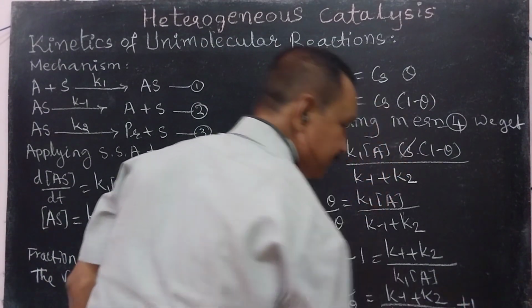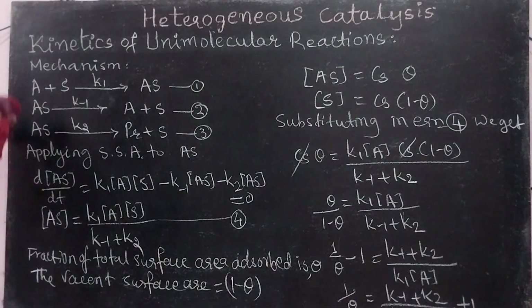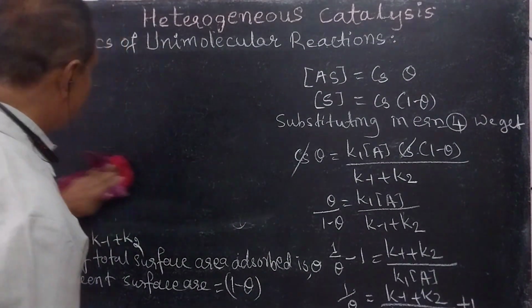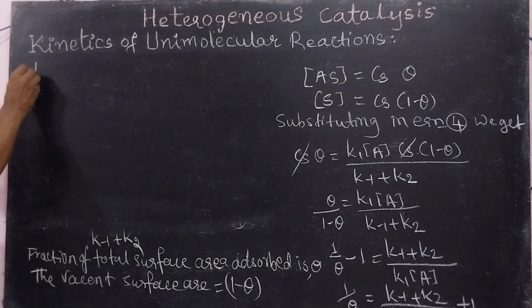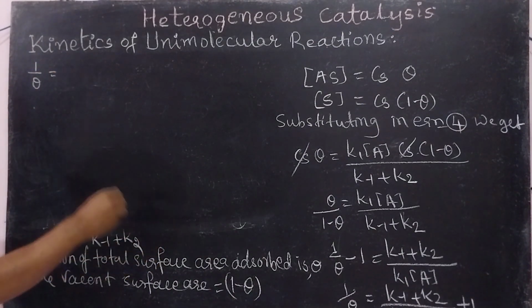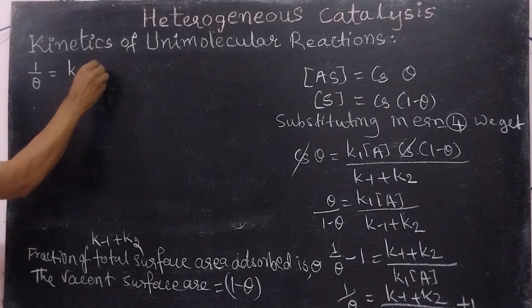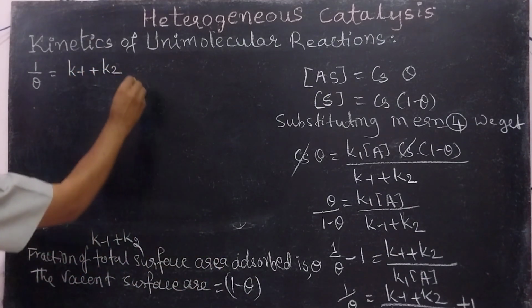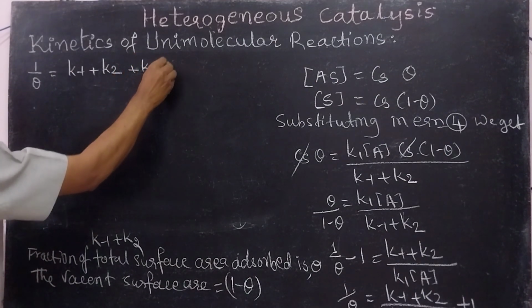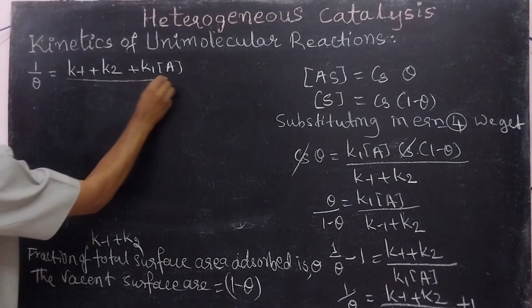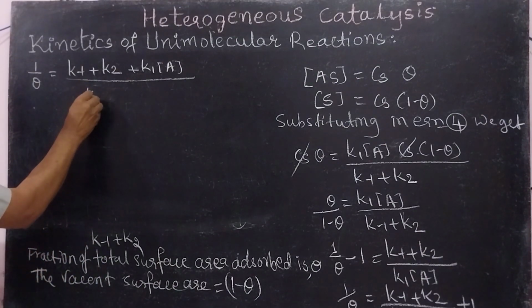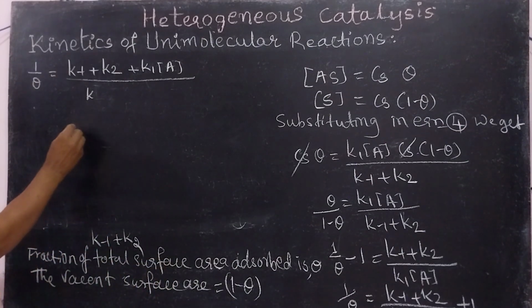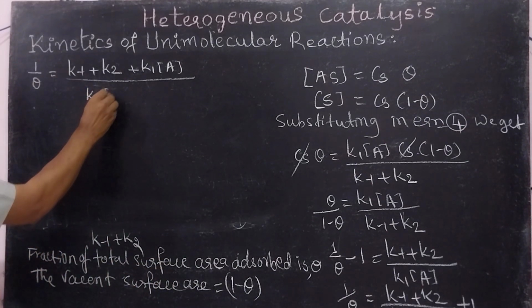This is plus 1. Then we get 1 divided by theta equal to (K minus 1 plus K2). Then LCM is K1 into A, divided by K1A.